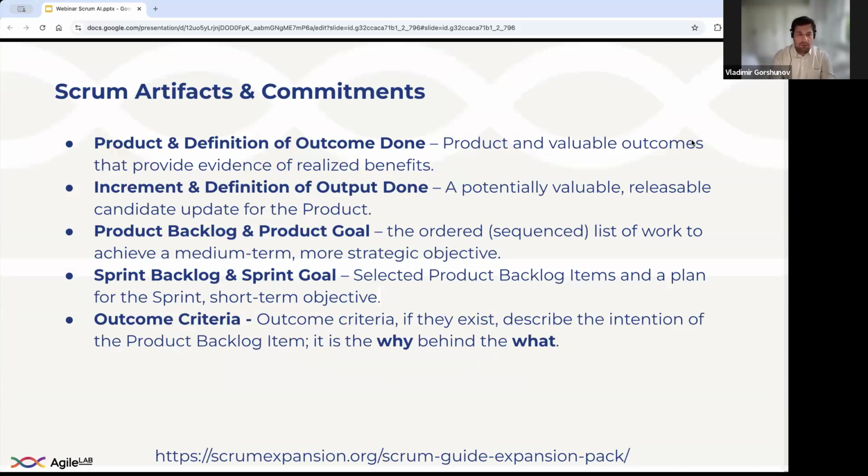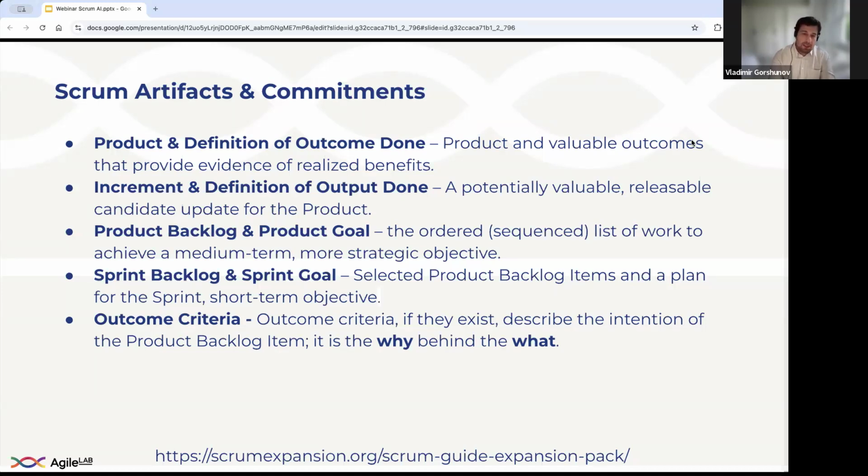What else changed? If our impact and flow become bigger, the extension pack proposes that we think more about our definition of done. You are probably familiar with the concept of scaled definition of done.